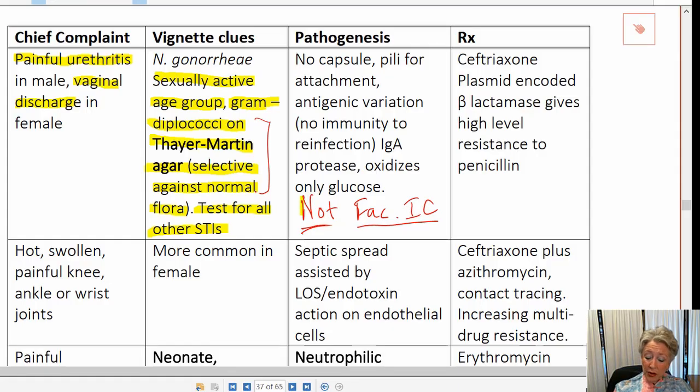Well, no, it doesn't, because remember what my neutrophils do is they eat as much as they can, and then when they're frustrated by their inability to eat anymore, they explode. So the normal lifespan of a neutrophil is a day or two. Things don't live inside neutrophils. Remember, my facultative intracellulars live inside my mononuclears.